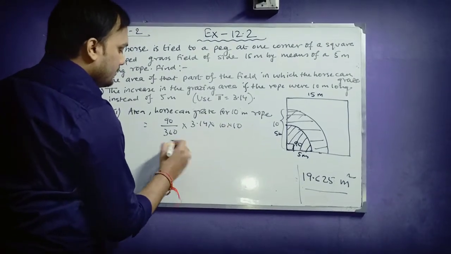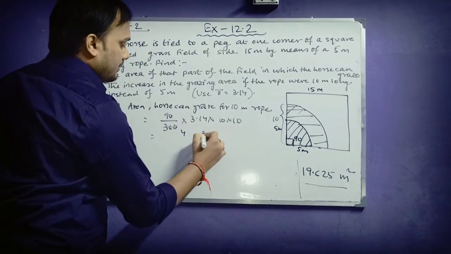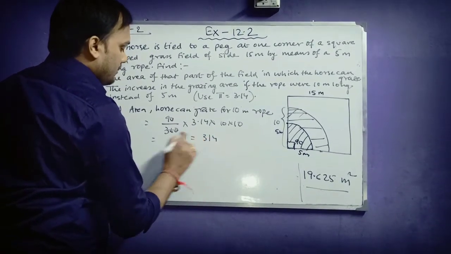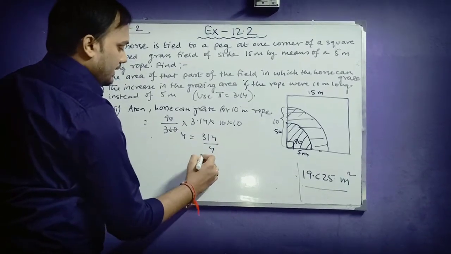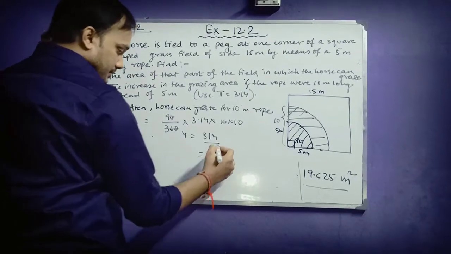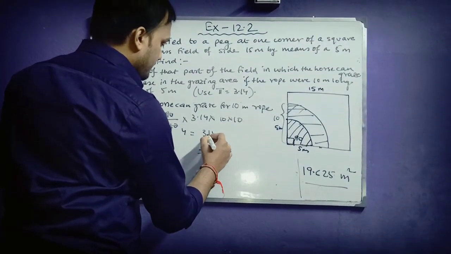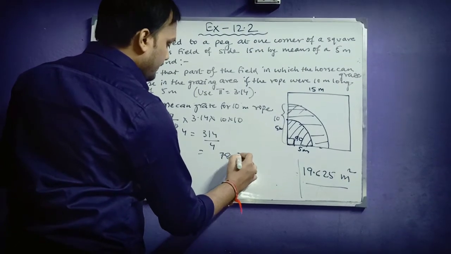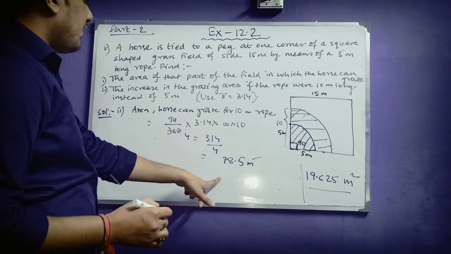It will be equals to 314 by 4, that is equals to 78.5. So now the new area which the horse can graze is 78.5 meters square.